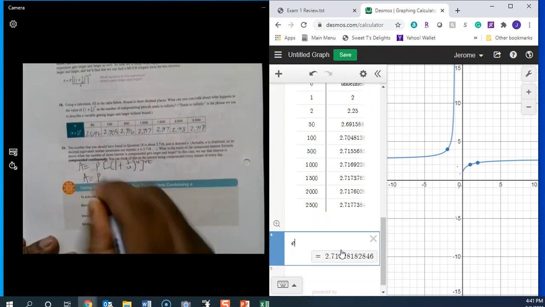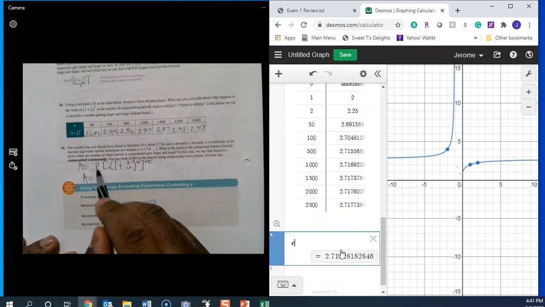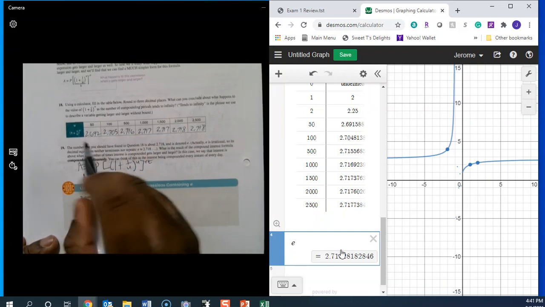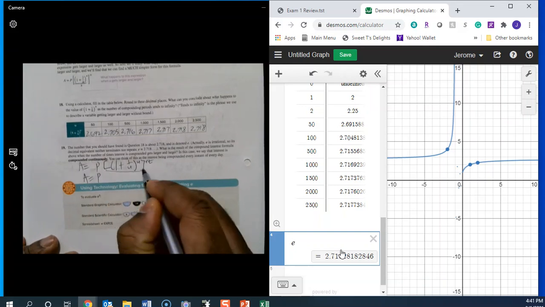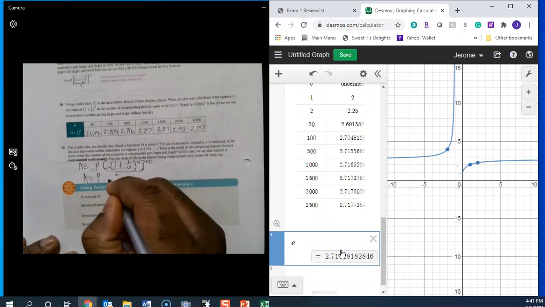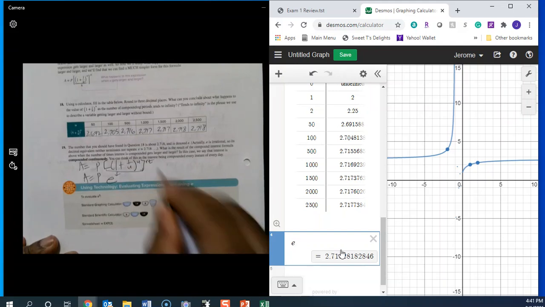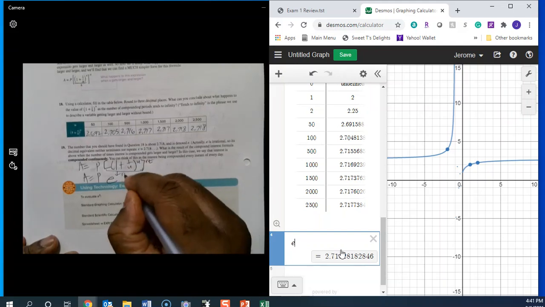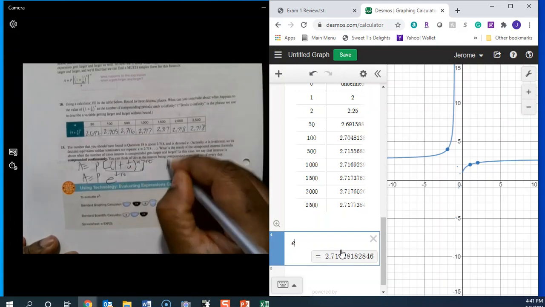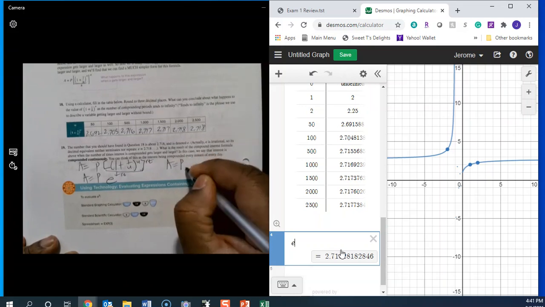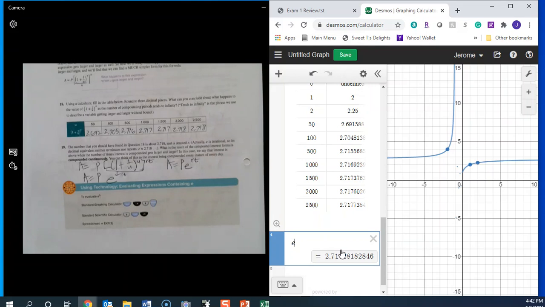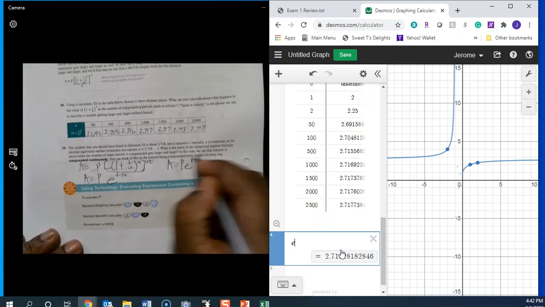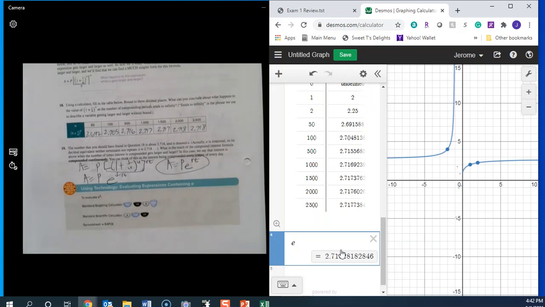So now we don't have a replacement for P, but we do have a replacement for 1 plus 1 over U to the U. Remember, we said that this would equal E, and then this will be taken to the RT power. So your final formula would be A is equal to P times E to the RT power. So this is your compound continuously formula. And that's what they wanted us to get to here.